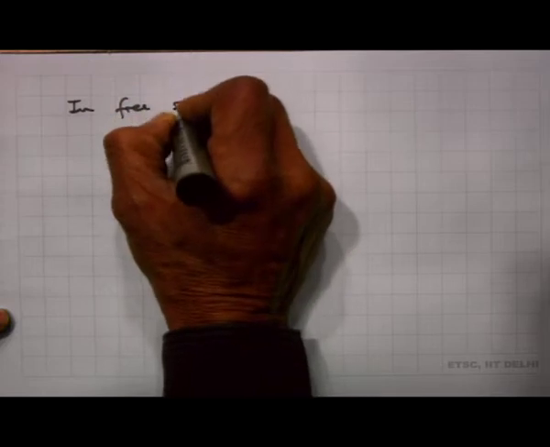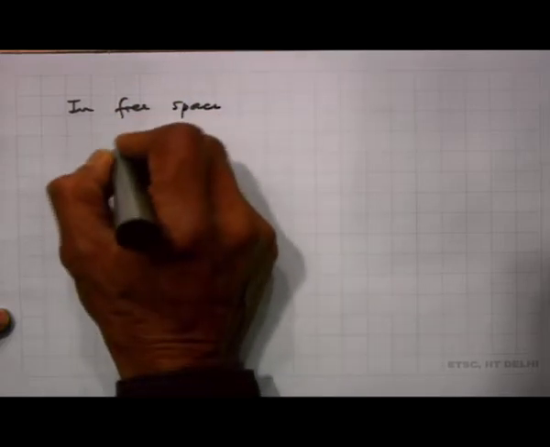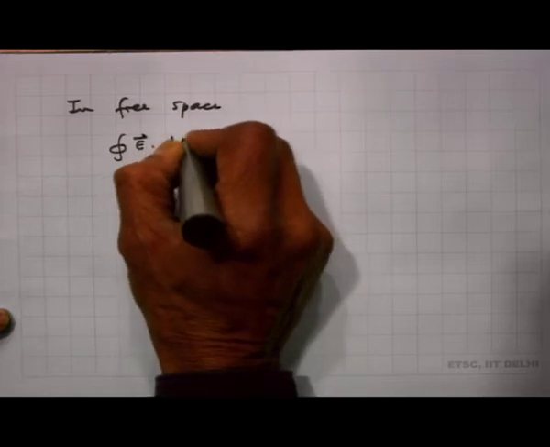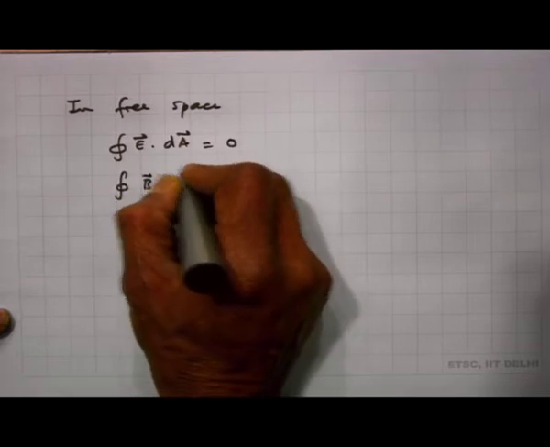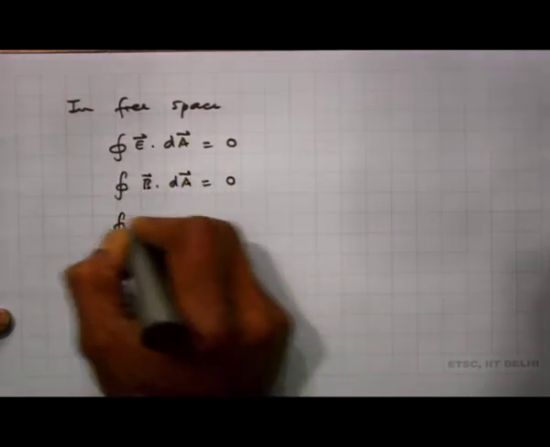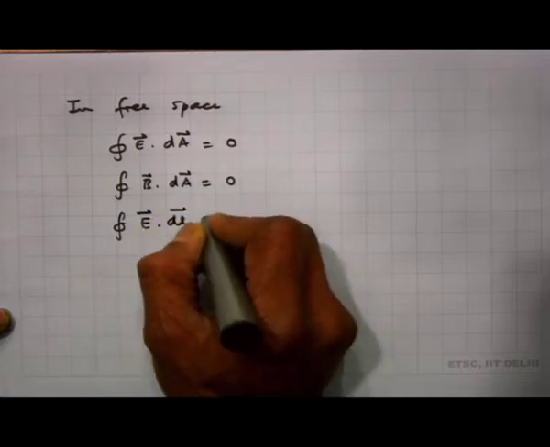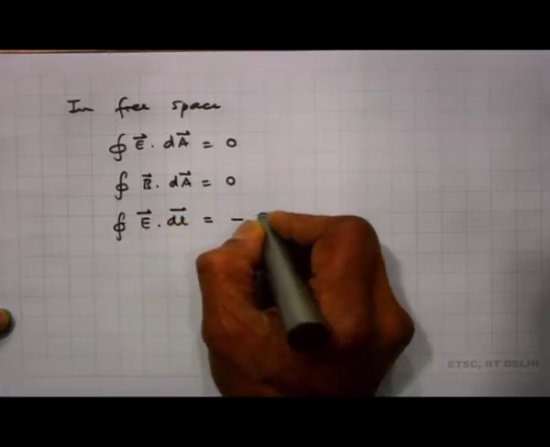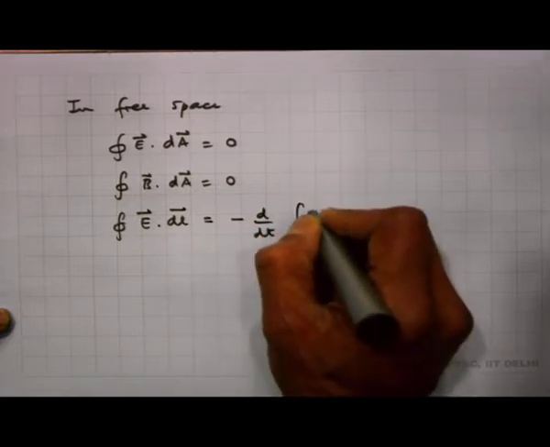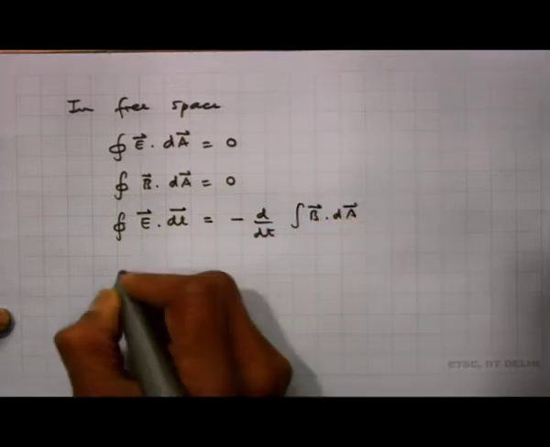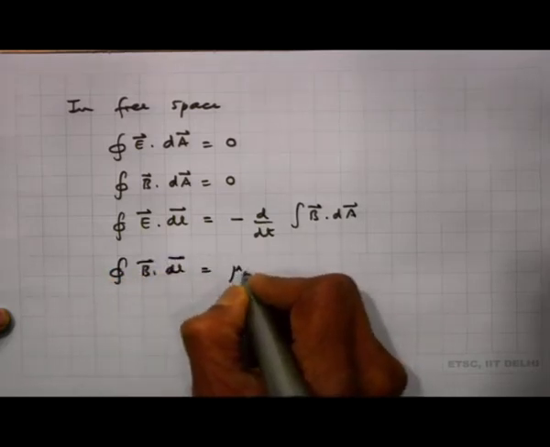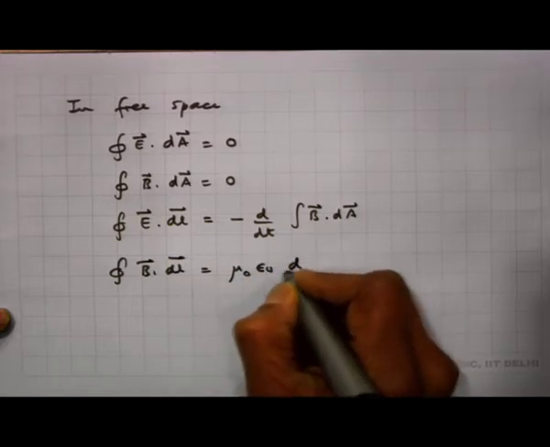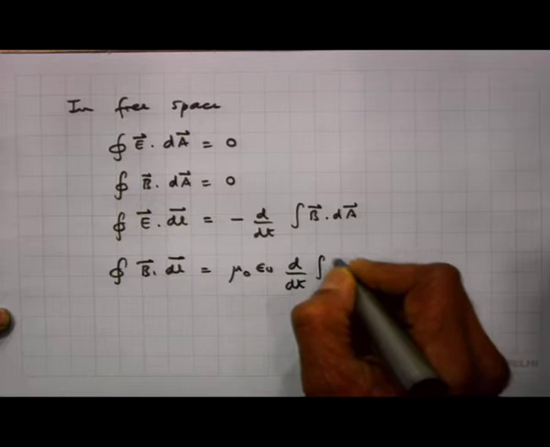In free space, these equations become integral E dot dA is equal to 0, integral B dot dA is equal to 0, integral E dot dl is equal to minus d by dt of integral B dot dA, and integral B dot dl will be equal to mu 0 epsilon 0 d by dt of integral E dot dA.